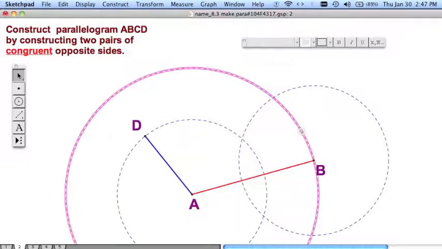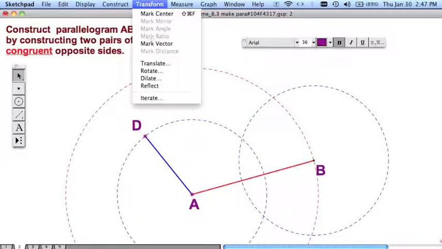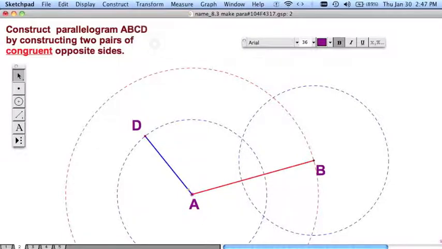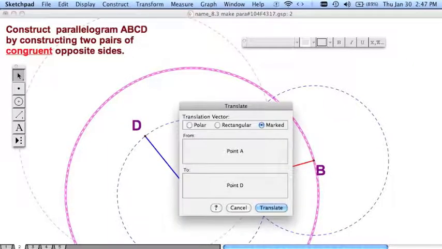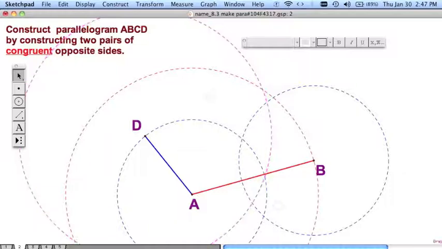And it's the radius of this red circle. Now I'm going to translate this one, and this time from A to D. Because I would have picked up the needle, the compass, put it on A, then I would have put it on D. So A to D. Transform, mark, vector. Select the circle to translate, and I translate by marked vector.